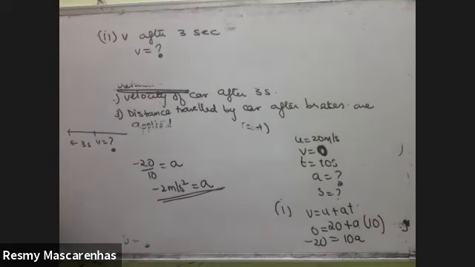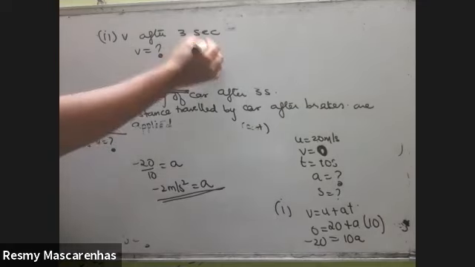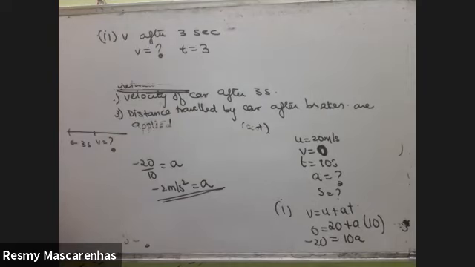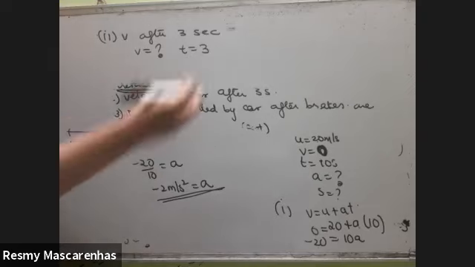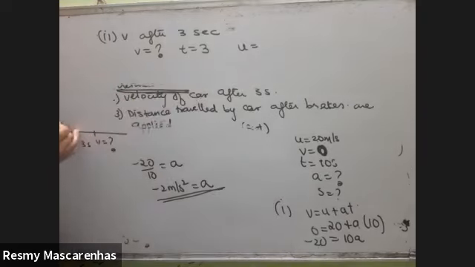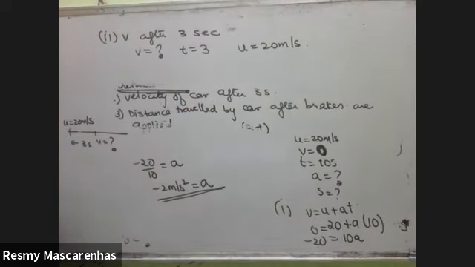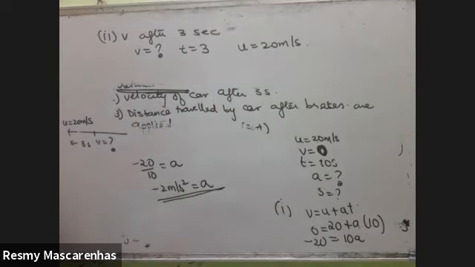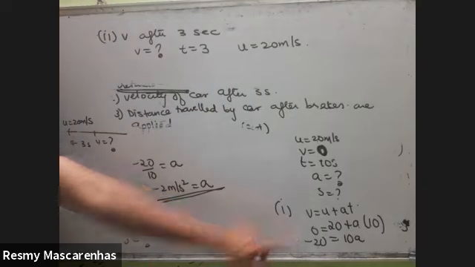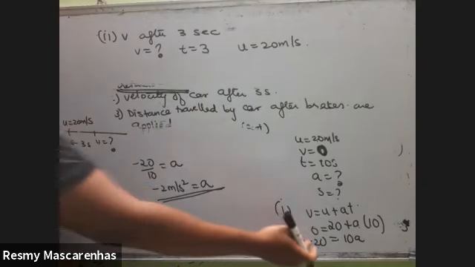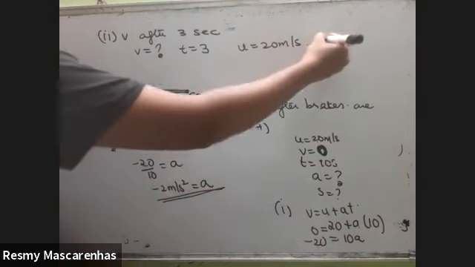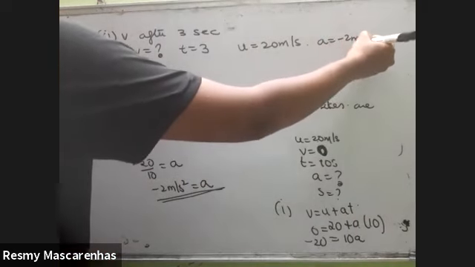Time is 3 seconds. U is anyway the same. The starting point will anyway remain the same, 20 meters per second. Just now you got the acceleration. What is it accelerating with? This A is minus 2 meter per second square.